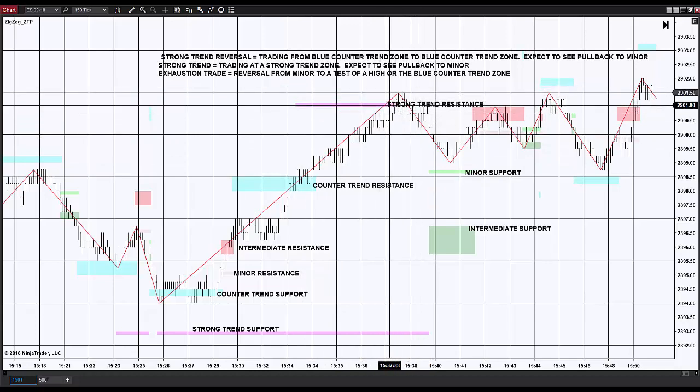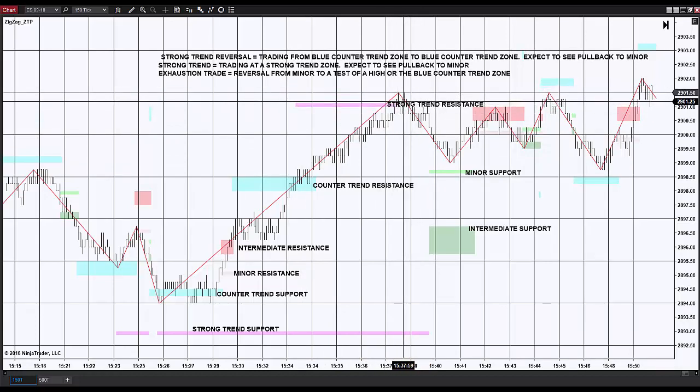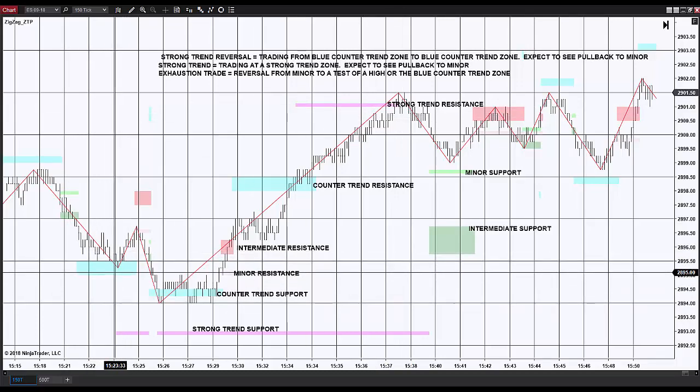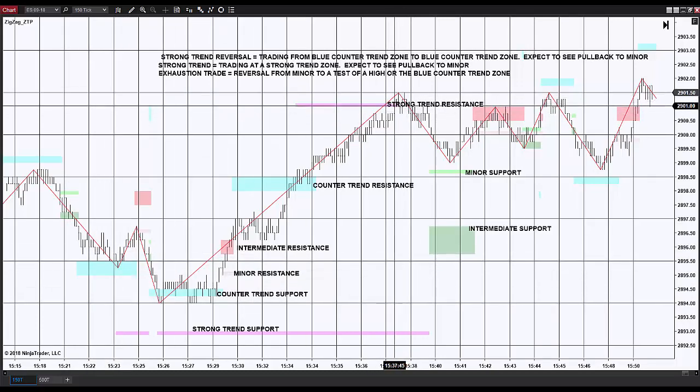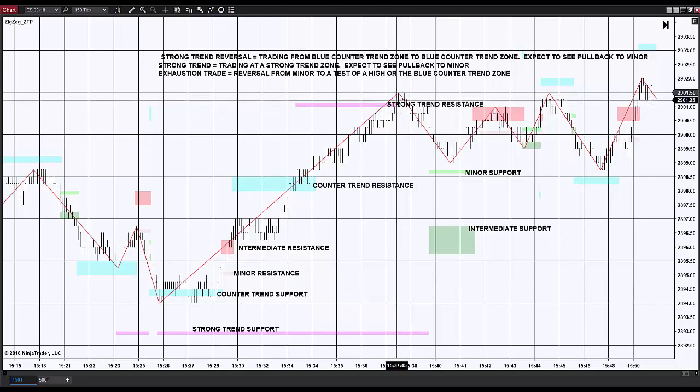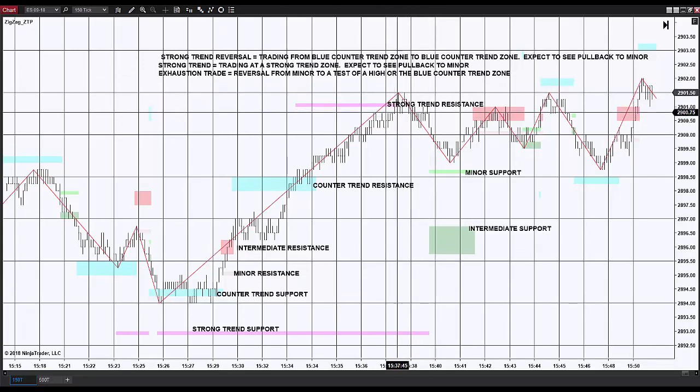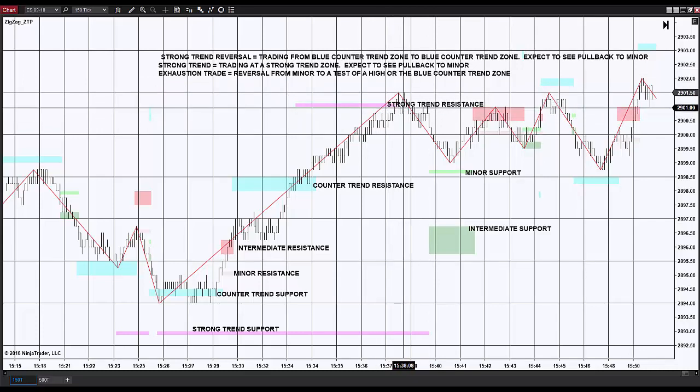At this point up here, if we were given an order flow signal, this is probably an order flow signal that we don't want to take for exactly the same reasons that we wouldn't want to take a trade from down here. I define this as high risk because first off, I don't understand where this is going to stop. It's not always going to stop here at the strong trend resistance.